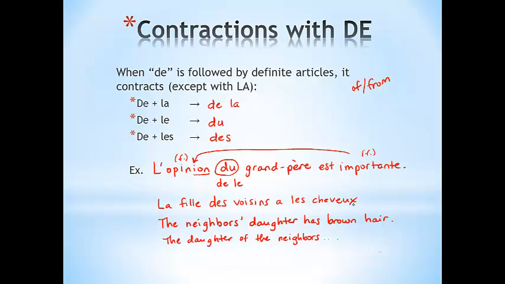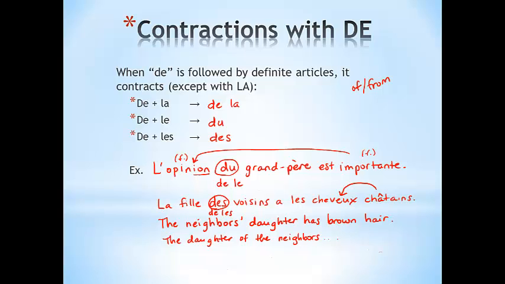And do you remember what we use for hair color for brown? I hope you do. Châtain. You get it? So la fille des voisins, so de les contracts to give you des voisins, a les cheveux châtains. Remember that châtain agrees in number and gender with the noun it modifies, which is les cheveux, not la fille.